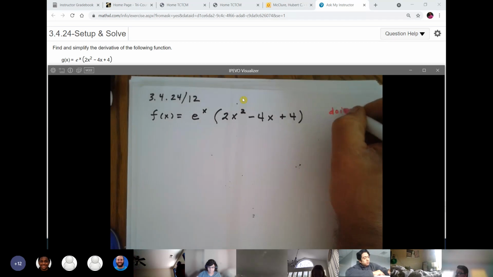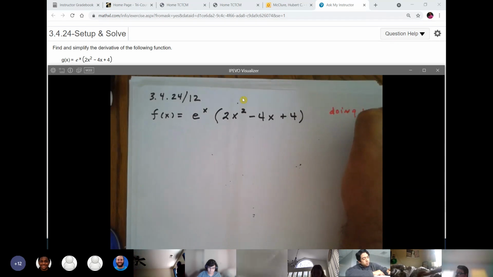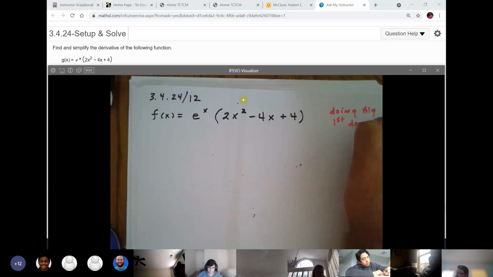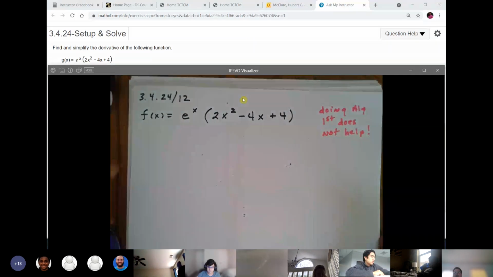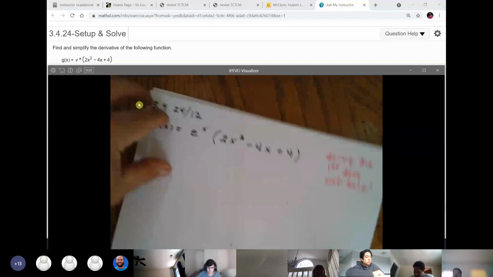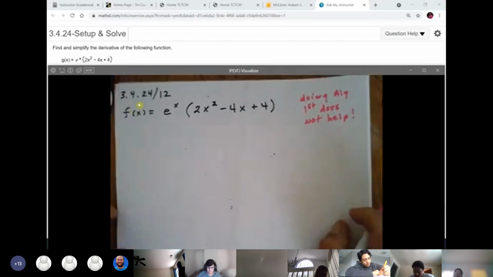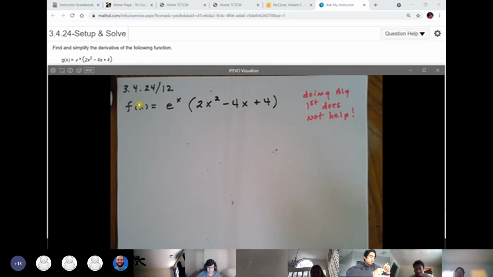Doing algebra first does not help. Distributing that e to the x is not going to help you at all. It's going to make it more complicated, because then you'd have to do the product rule for two of your terms.